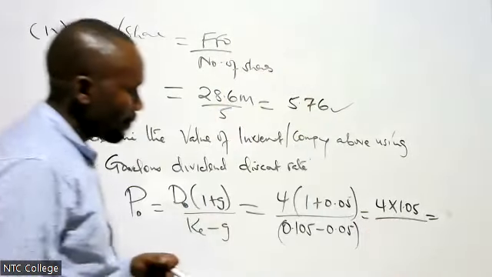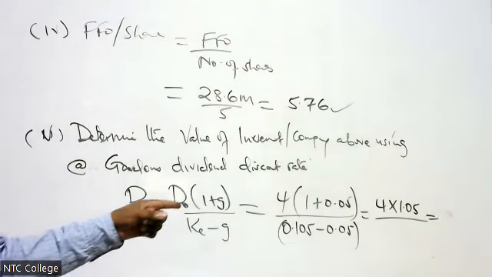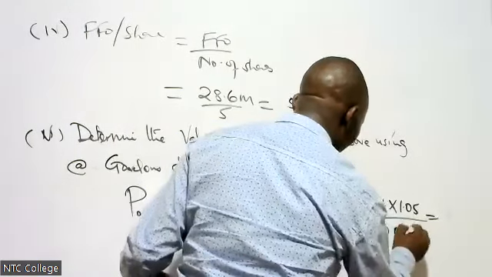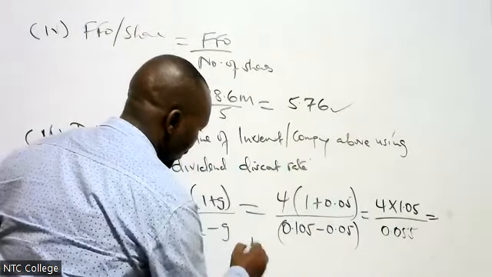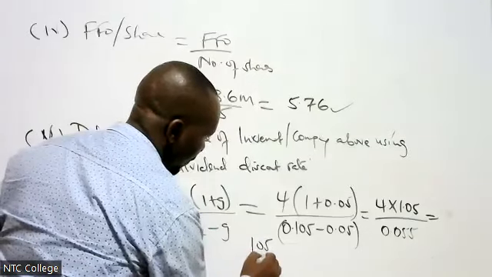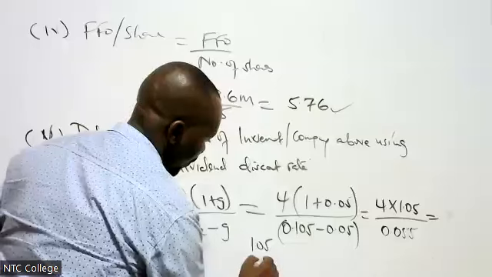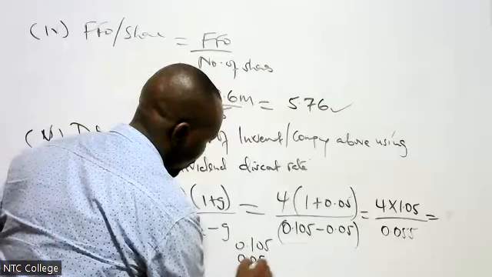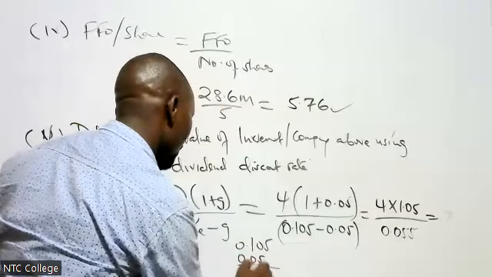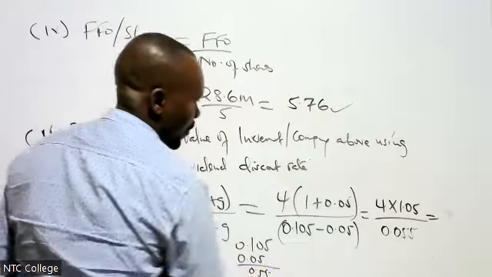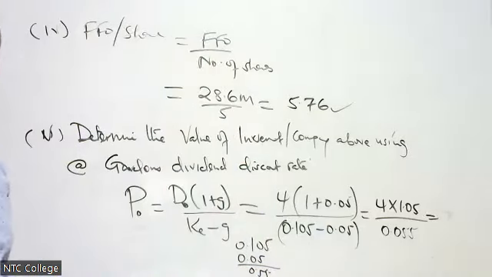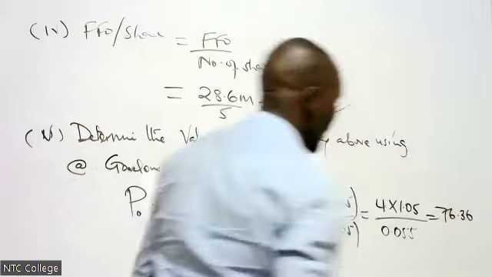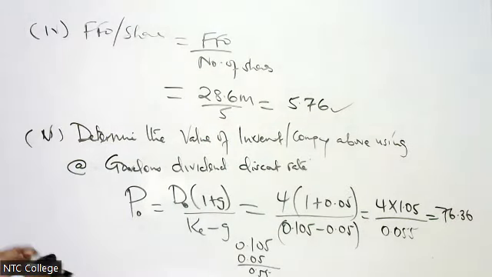It will be 0.055. This minus this. So it is 10 minus this one. I've done it for you. 76.36.